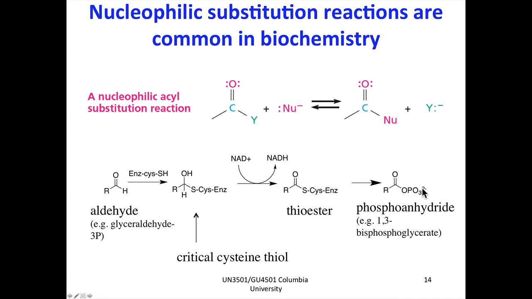So this is actually used in glycolysis, where we have glyceraldehyde 3-phosphate as the aldehyde. The enzyme thiol attacks. We kick out a hydride onto NAD+, forming NADH. We make the thioester, and then the thiol gets exchanged for inorganic phosphate to make the phosphoanhydride. That's 1,3-bisphosphoglycerate then as the product.